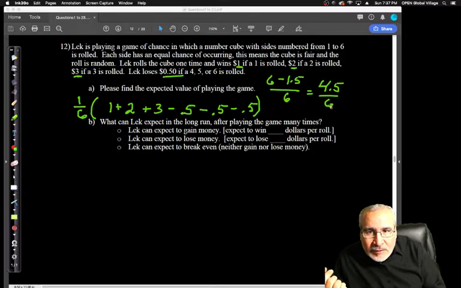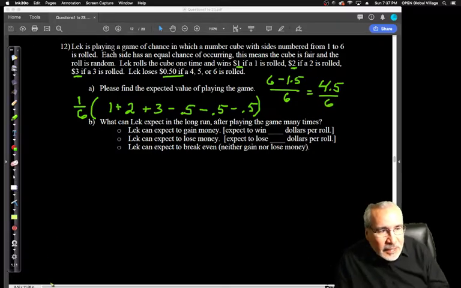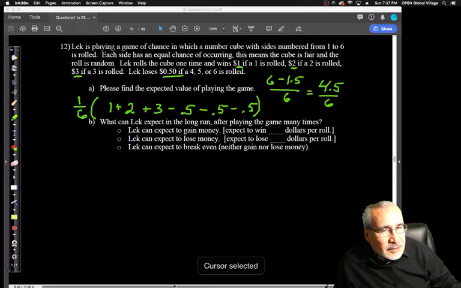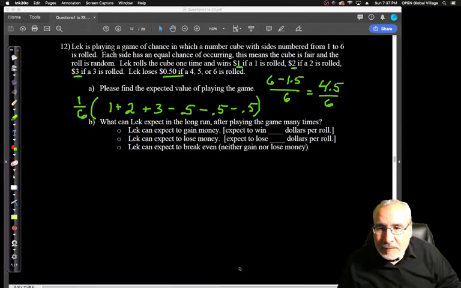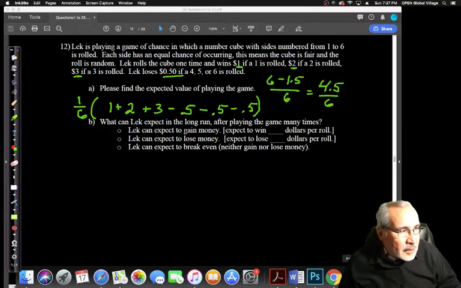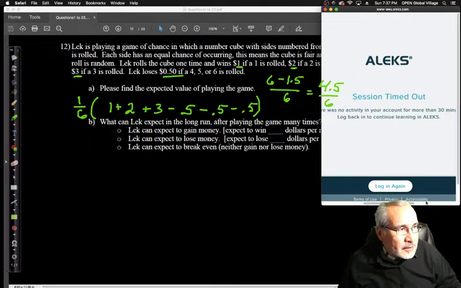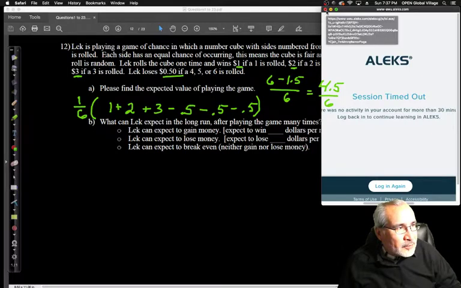So that's going to be 4.5 divided by 6. And hopefully my calculator's still down here working. It's hiding behind me, and it timed out. So this one's not too funky.